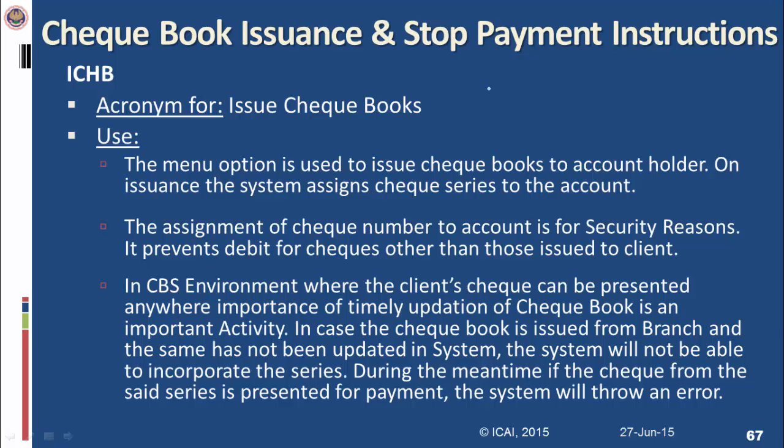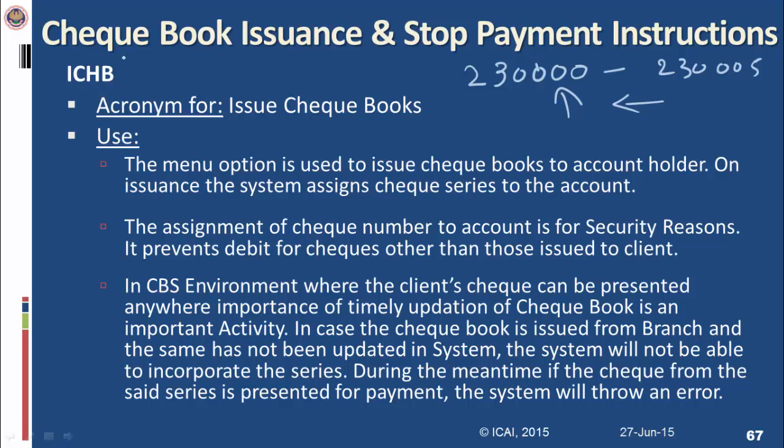So when a check is presented, let's say a checkbook is issued from 2230001 to 2230005, right? Then if a check is presented between any of the series, the system will knock off that check and mark it as passed, or if it is not presented, then it will be marked as unused.